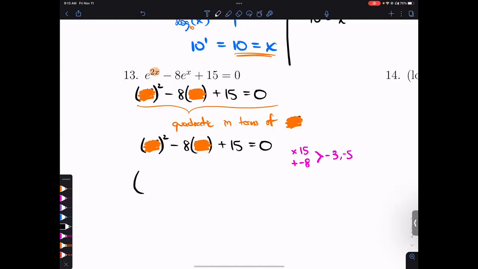So I can factor this. Again, in terms of whatever that is, right? And I'm intentionally not looking at that part yet, just so I can focus on the structure.